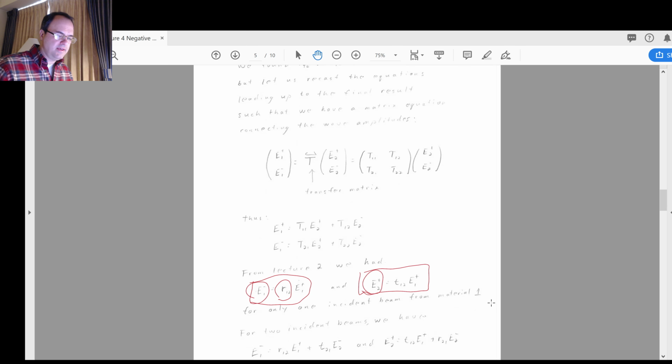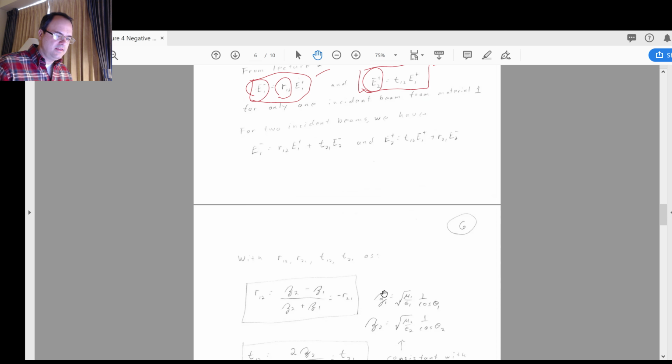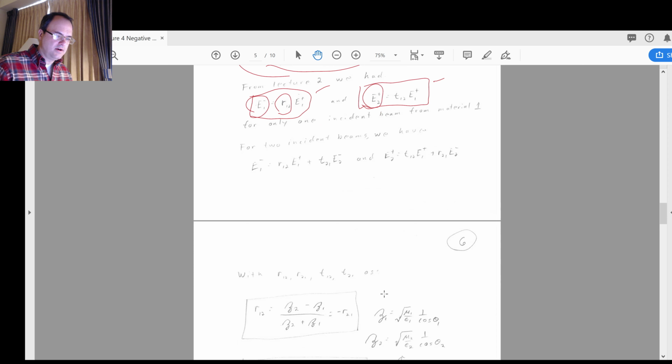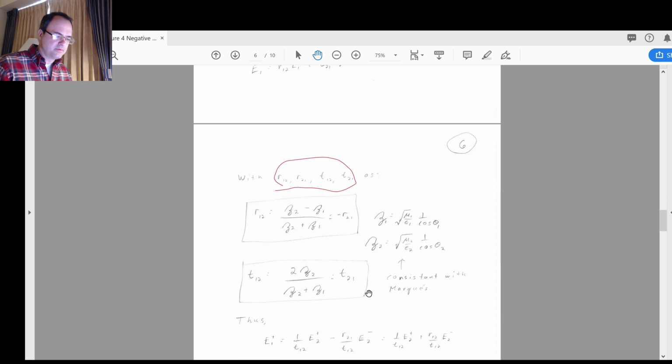So we have this, and we have these two equations. And so with all of that, we can now solve quite easily for what R and T are. So we have these from chapter 2, so my R12 and T21 are equal to that.